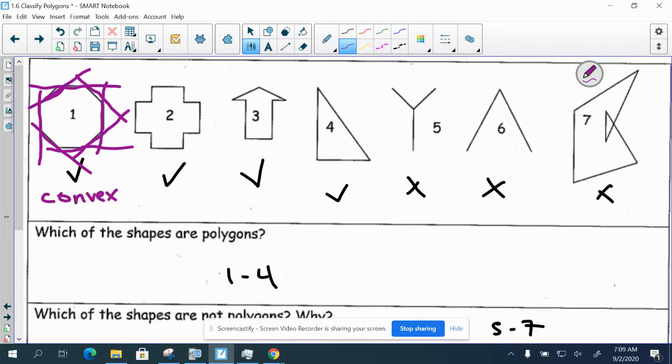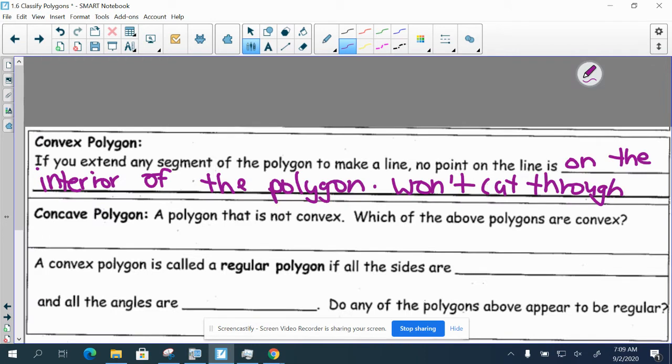And actually, let's talk about concave before we do the next one. Concave is the opposite. The polygon is not convex. So in other words, if you extend the segments, they cut through the polygon.